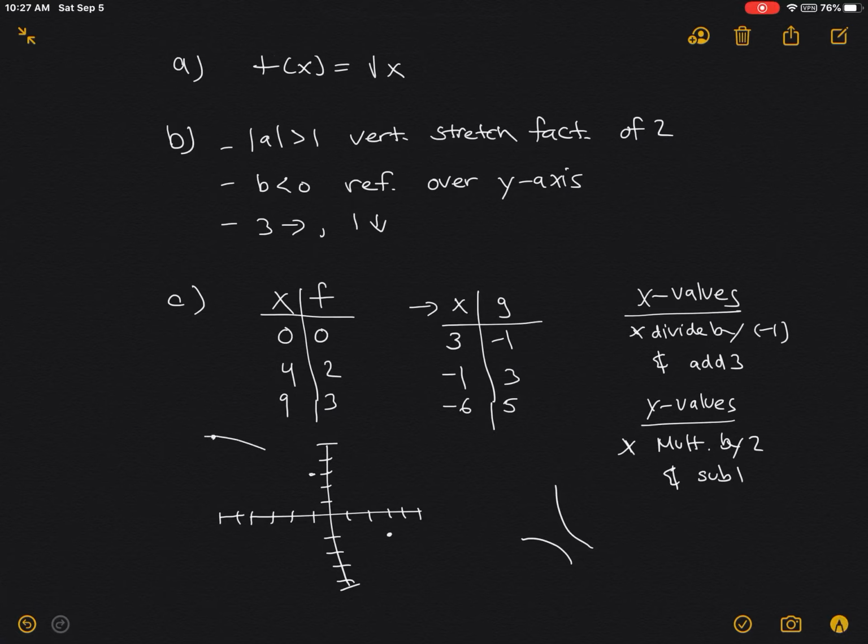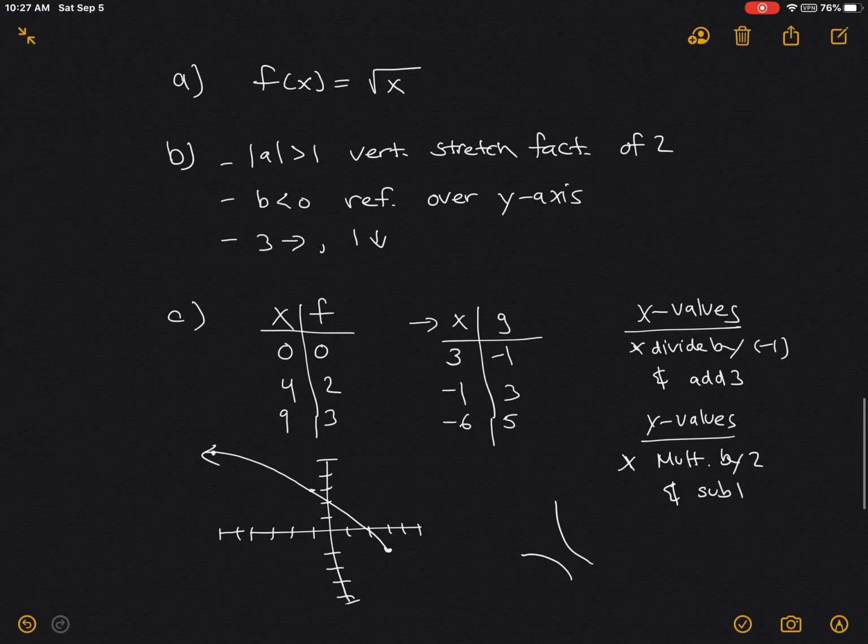So actually, right now I know it's going to roughly look something like that, okay? And so even I was confused because I didn't have enough points. I was like, does it curve this way or does it curve this way? And because I plotted an extra point, that enabled me to figure out how to actually curve it.